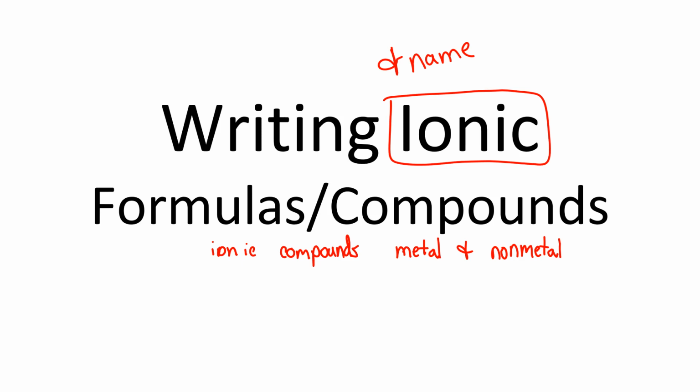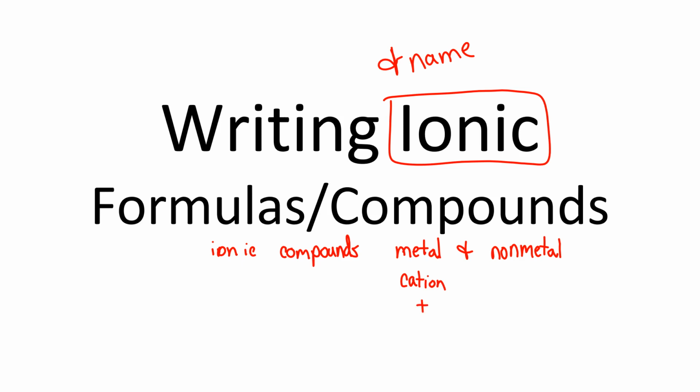Another way to look at this is, what type of ions do metals typically form? This is from chapter 3 as well. They form positive or negative? Metals, positive. Things on the left side form positive ions.